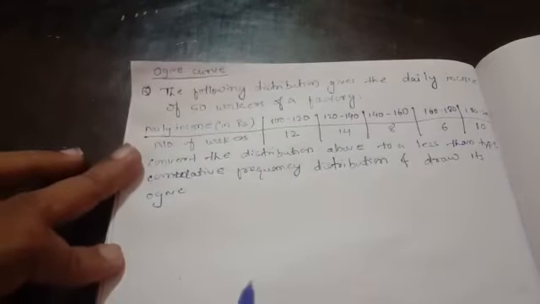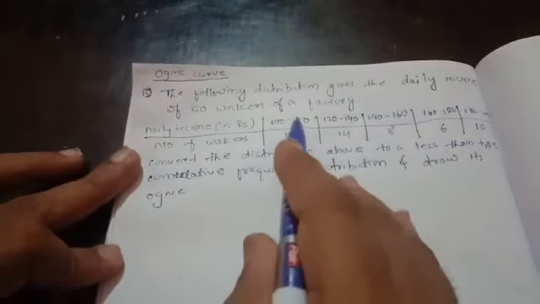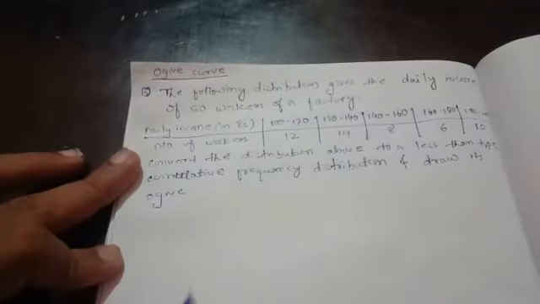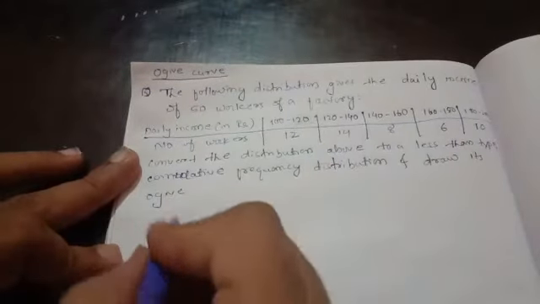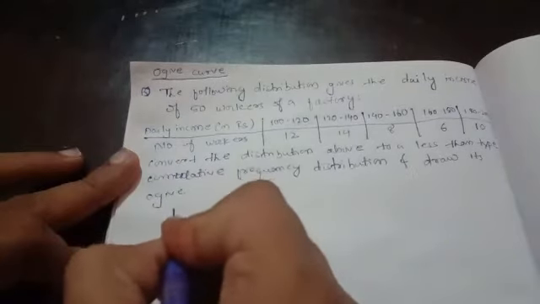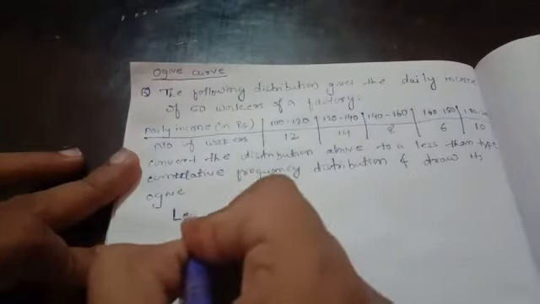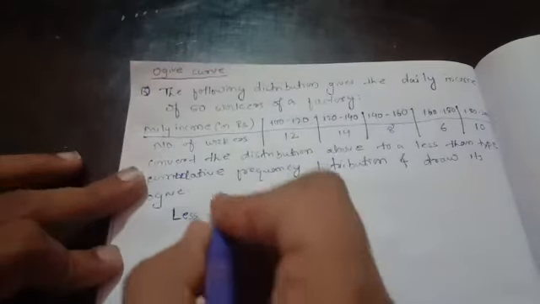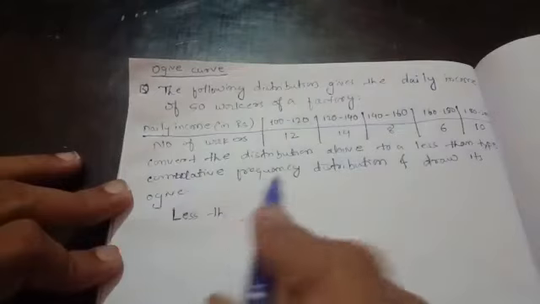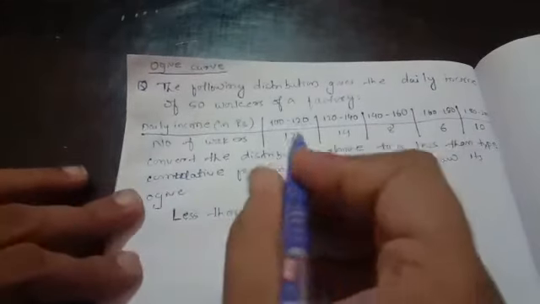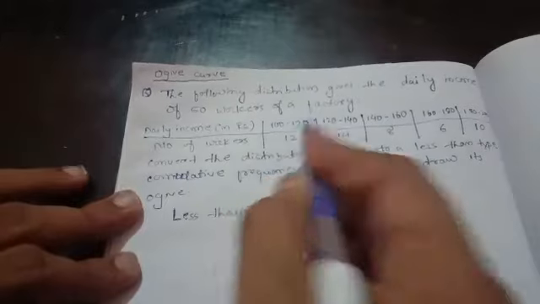Let's start. It's very simple. First of all we have to use the upper limits, and see how to write it. We write like this: less than, then the upper limit.